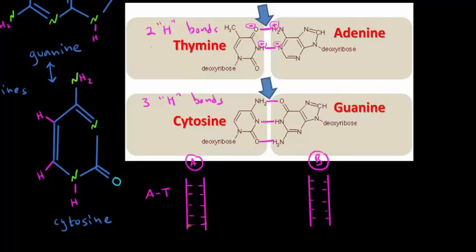So let's say most of these are A's and T's. So an A, and then there's going to be a T here. And let's say that most of this DNA looks like that. And let's say that B has a very, very high number of C's and G's. So here's a C, and here's a G, and let's say that most of the DNA looks like that. So B has a lot of C's and G's.